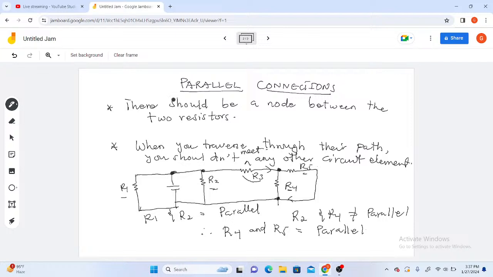So I hope with this illustration, you will be able to remember the conditions for parallel and series connections of resistors in a circuit. Now let's move straight to how to find the effective resistance of a circuit.